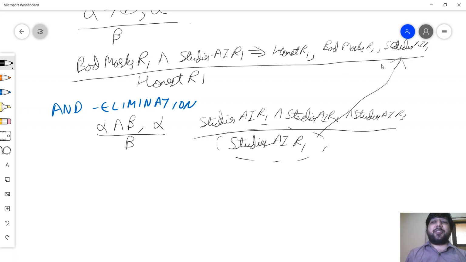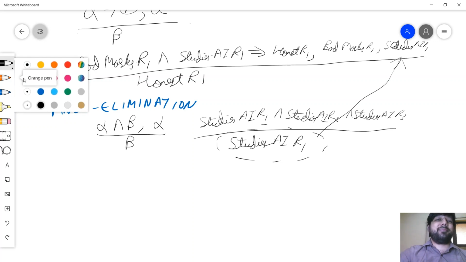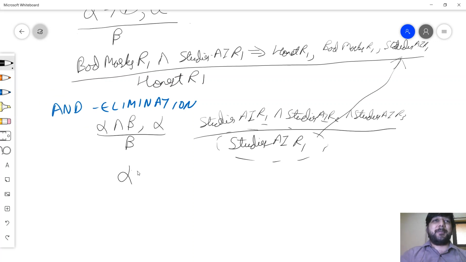There is also implication. So now this simply means, that means this naturally resolves to alpha implies beta and beta implies alpha.